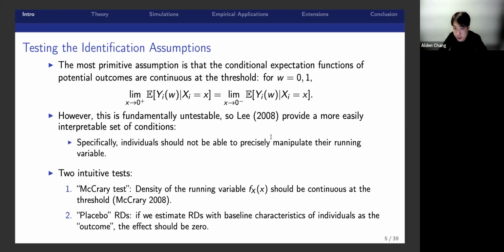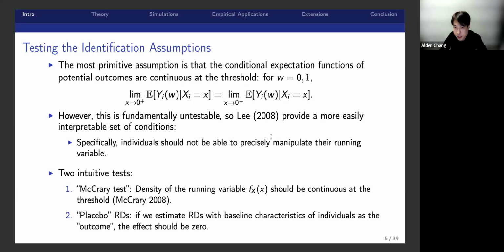If we go back to the example of students taking an exam to determine whether they can go to college, it is okay if some students really want to go to college, and because of that, they study much harder than usual.